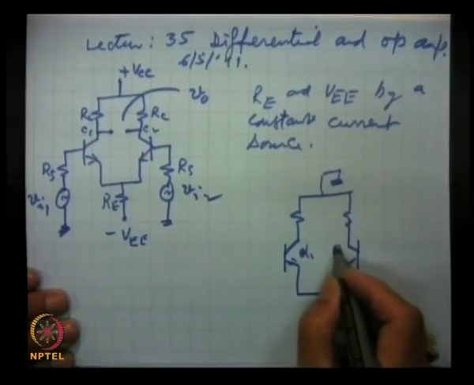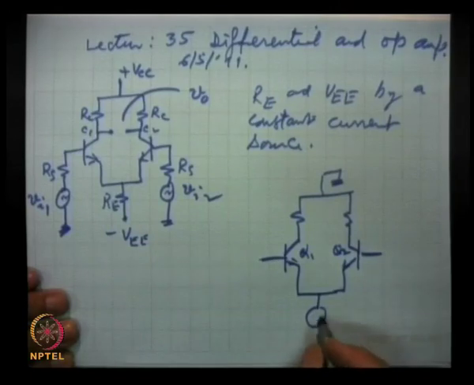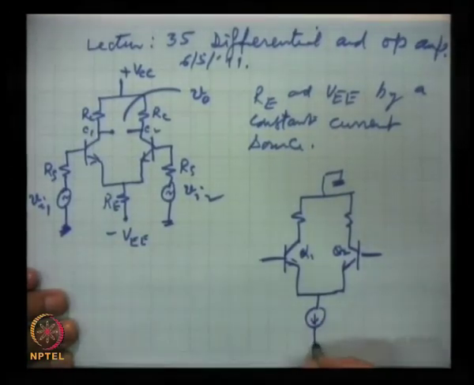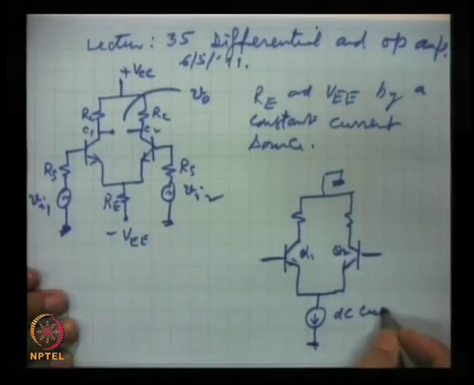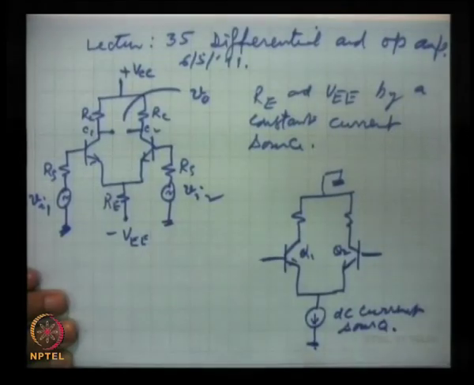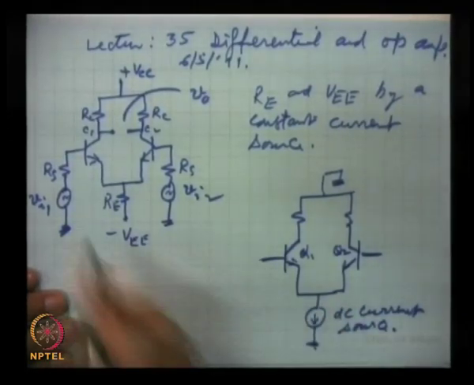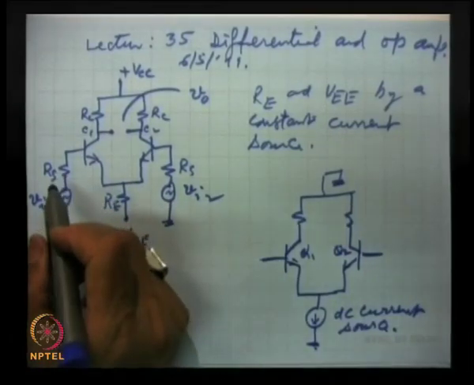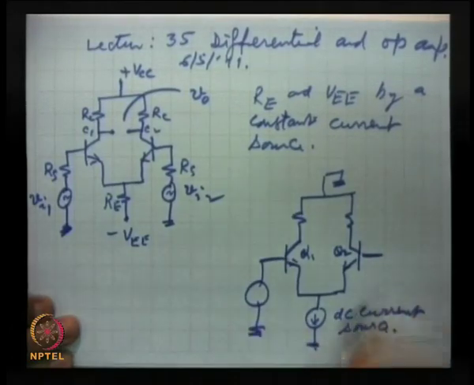Q1, Q2, and this we are replacing with a current source. This is a DC constant current source, and this supplies the emitter current, and this source resistance we are taking negligibly small, so that we neglect it.